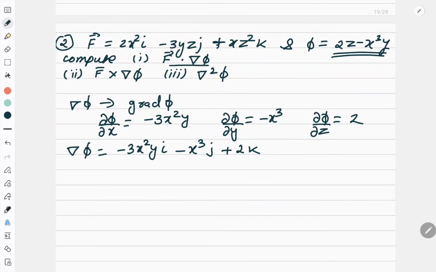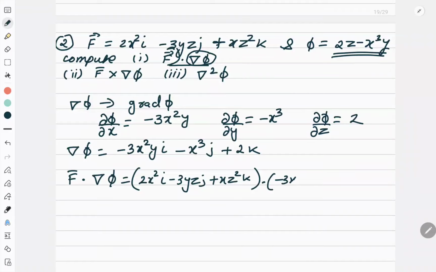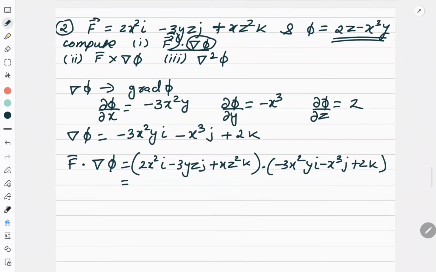Now the next part they are saying, find the dot product of this vector along with f. So f dot del phi is equal to (2x square i minus 3yz j plus xz square k) dot (minus 3x square y i minus x cube j plus 2k). Right? Dot product means i with i, j with j, k with k.